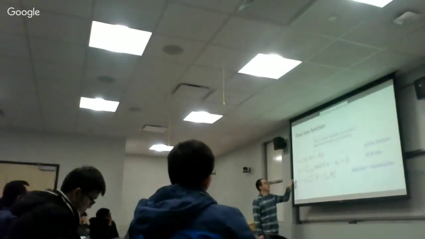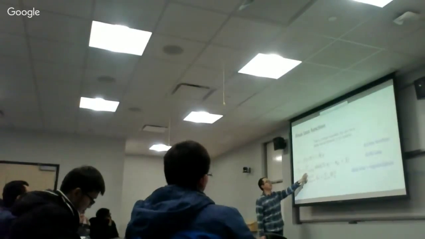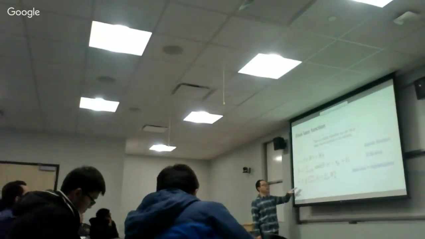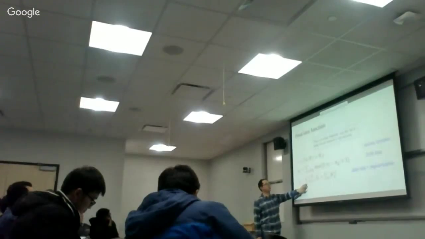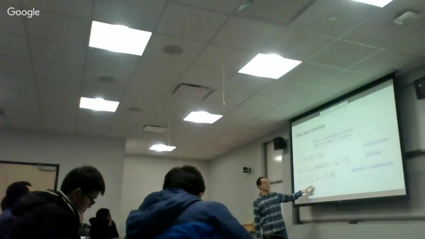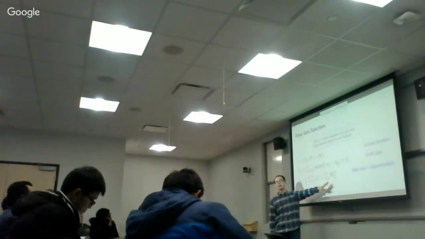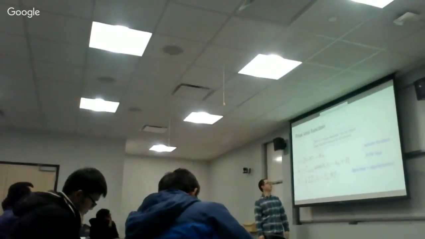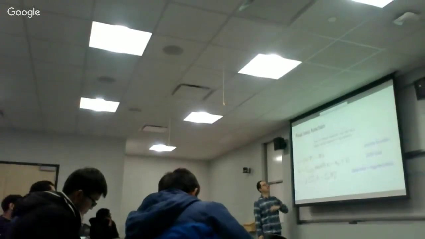With this score, you can define this loss function over this image. Because you have multiple images in your data set, you sum over all the data points, that's the data loss, and you probably want to do some regularization to avoid overfitting. So that's the loss function.